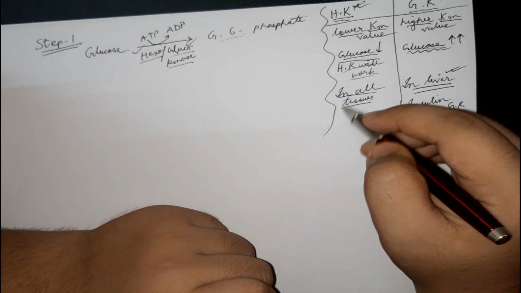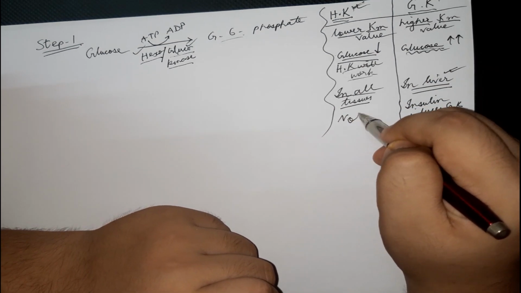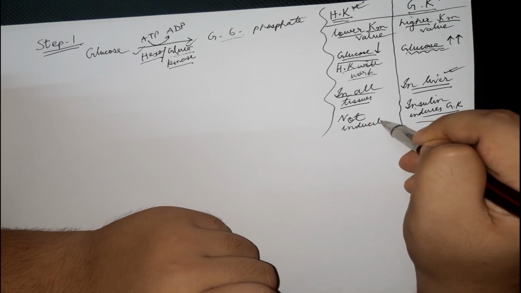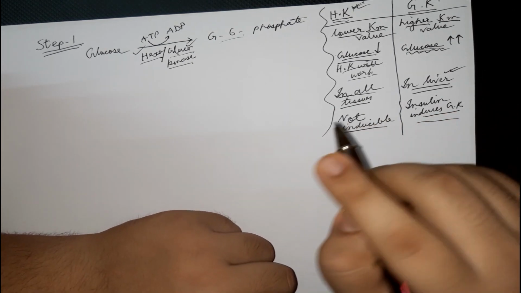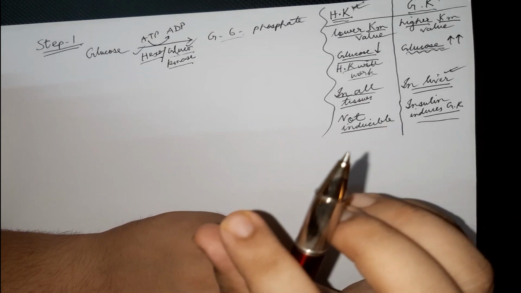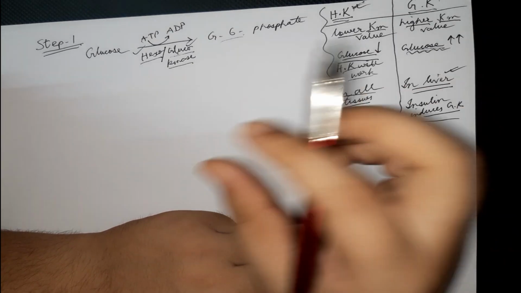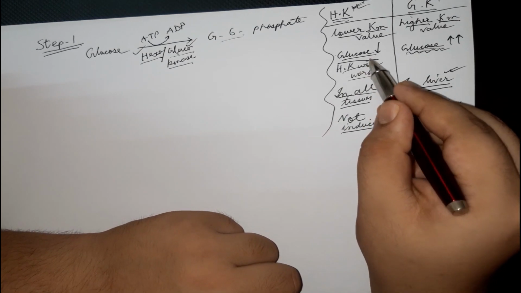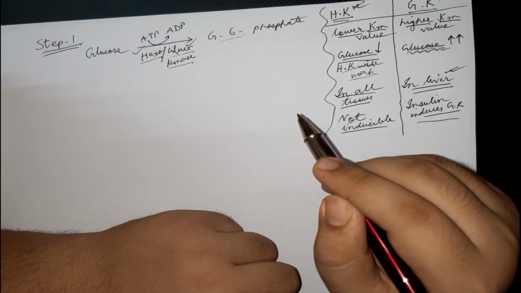However, hexokinase always works. It is not inducible. It's not like hexokinase is induced by a particular substrate or hormone or anything else. It always works, and that's why it will work even when glucose concentration is very low.